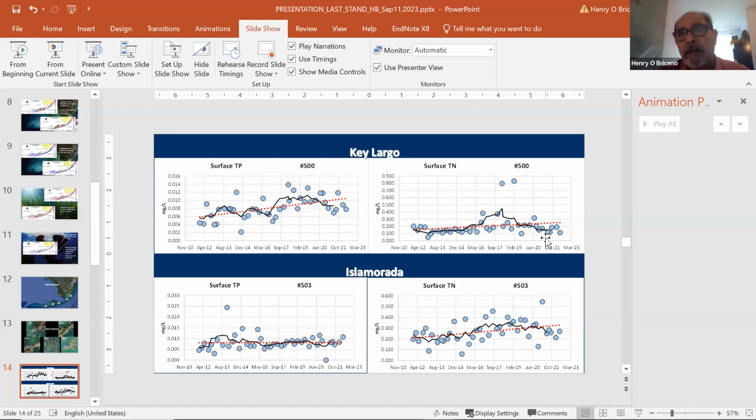What happened is that monitoring, for most people, is not very sexy. It's not very exciting to go and do the same thing over and over again, go to the same place, take the same sample, take the same measure, and do the same analysis.